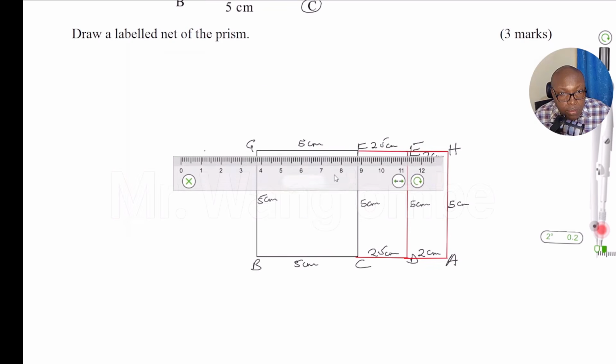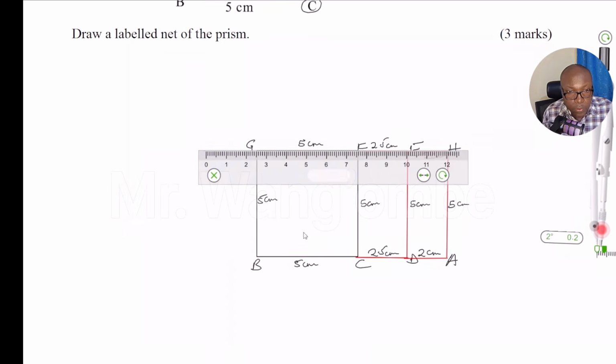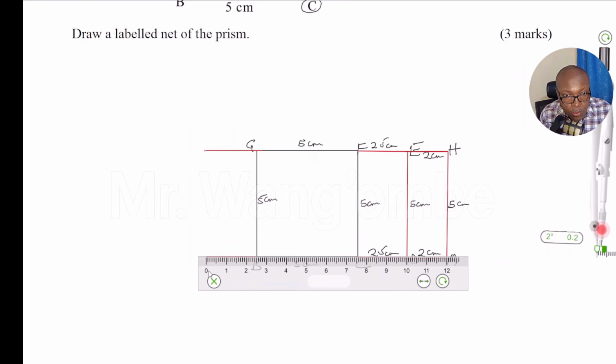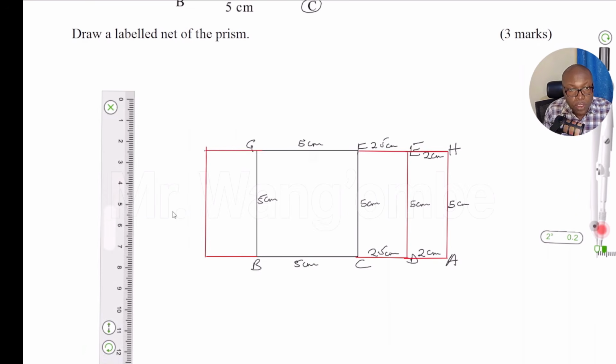So 2.5 up that point. And then from here, this one 2.5, and that is okay now. So this is 2.5 centimeters, this is 2.5 centimeters, and this is 5 centimeters.